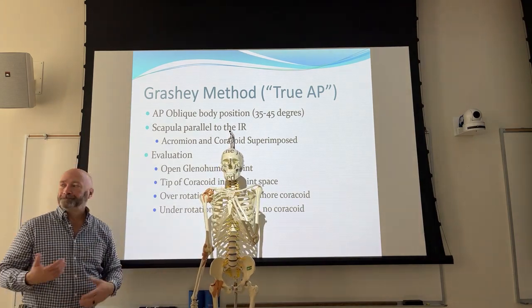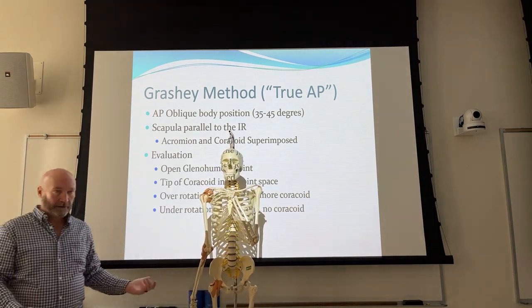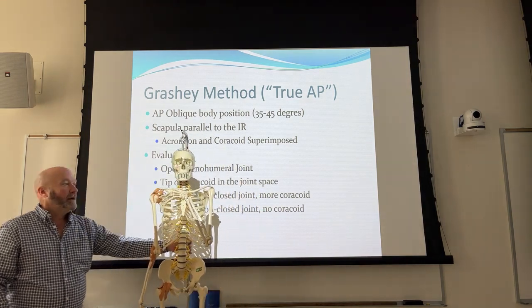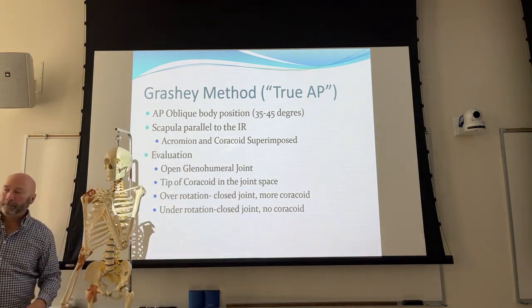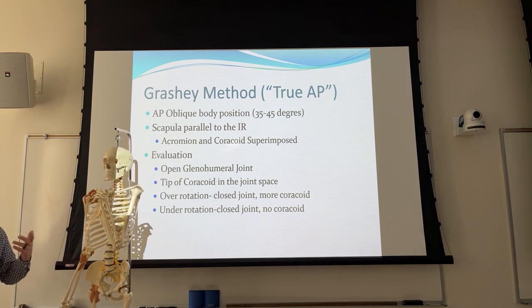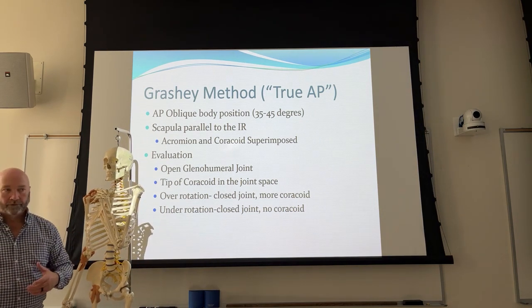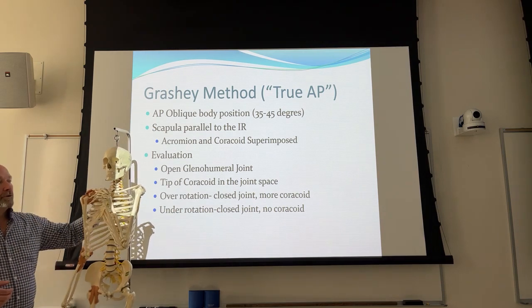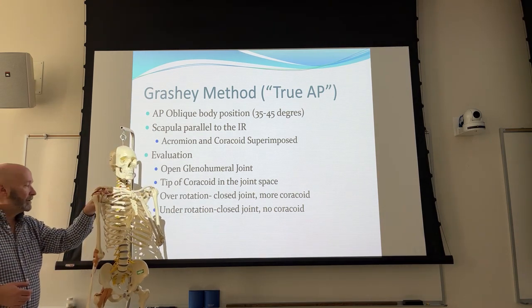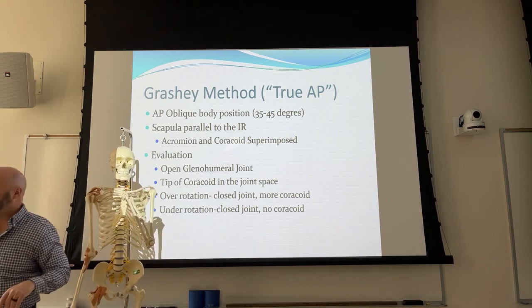Most of the scapula, and to include external rotation and all that. But the Grashey Method by itself, without any of those special circumstances, is just to show the glenohumeral joint space. So the evaluation of the Grashey is, let me bring up the image.